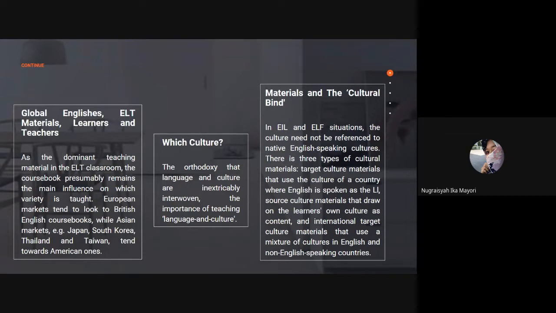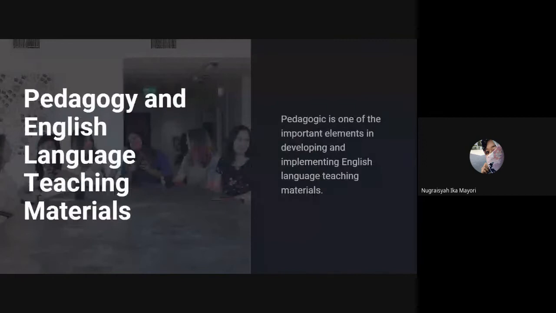These are the 3 types of cultural materials: target culture materials that use the culture of a country where English is spoken as L1; source culture materials that draw on the learner's own culture as content; and international target culture material that uses a mixture of cultures in English and non-English speaking countries. Next to be explained by Nur Fit.